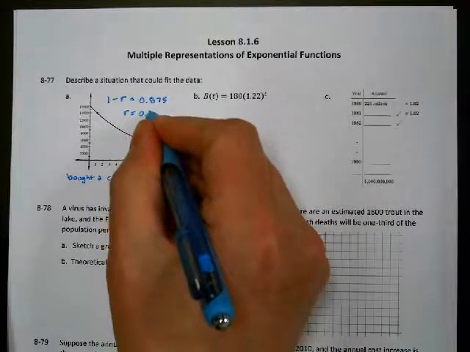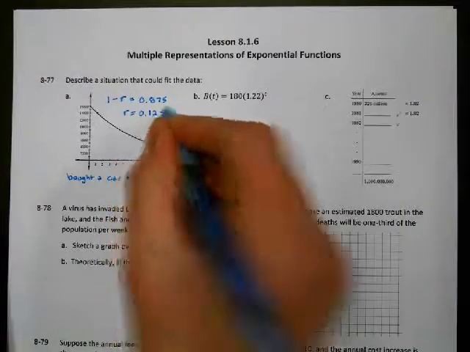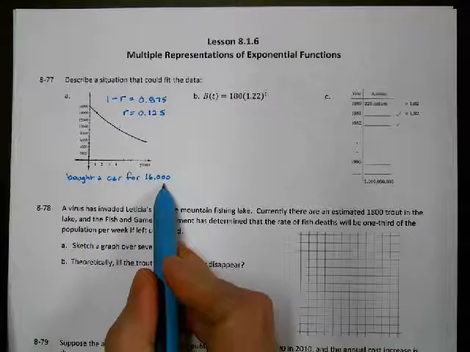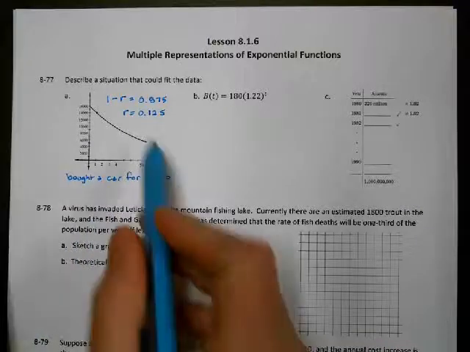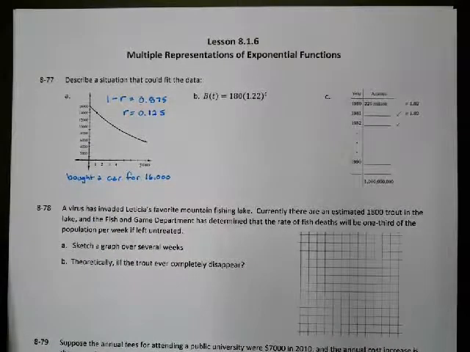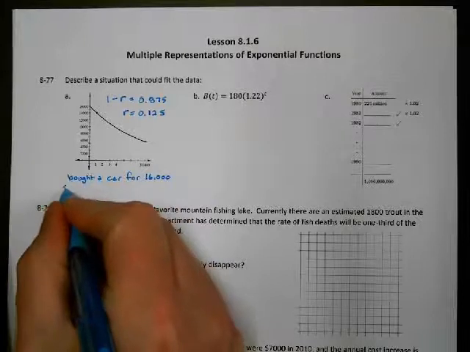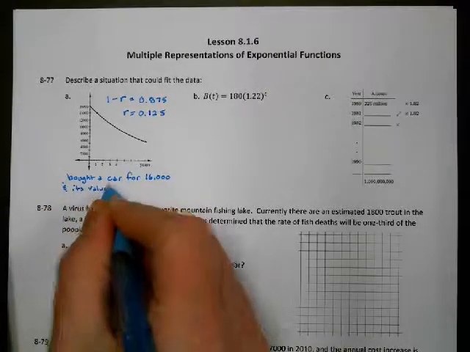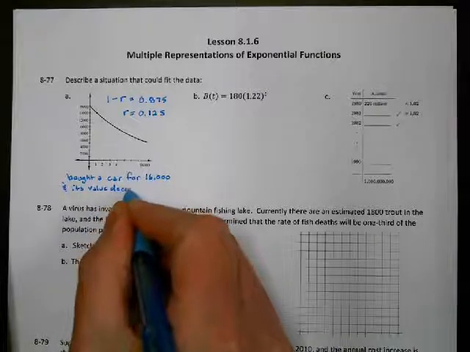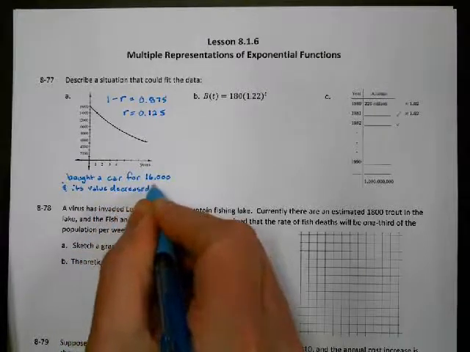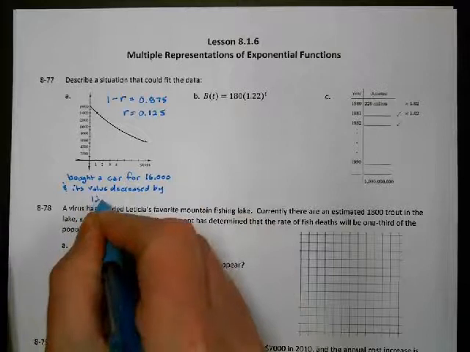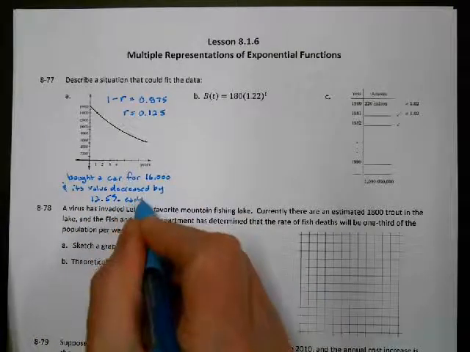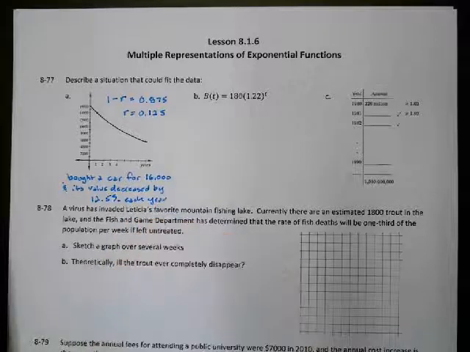Would be 0.125, yeah, that looks right. So we bought a car for 16,000 and its value decreased by 12.5% every year. Okay, there's the situation there.